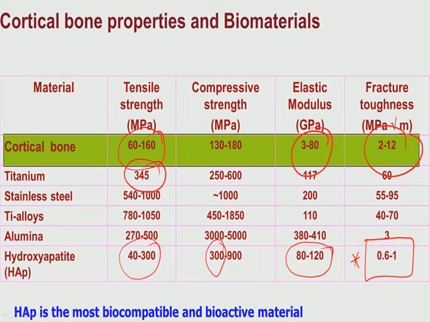So, this demands that the fracture toughness of this kind of material be improved significantly, so that it not only reaches the lower limit of the cortical bone properties, that is 2 MPa square root meter, but it also gets as close as possible to the upper limit of the natural bone fracture toughness, that is 12 MPa square root meter.